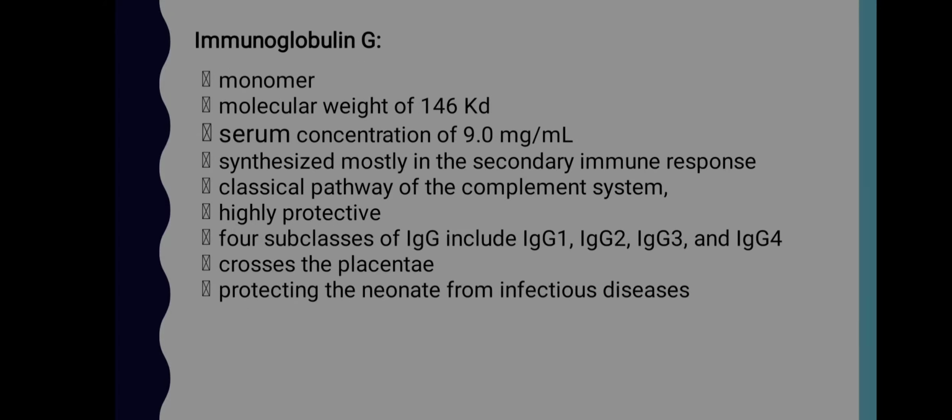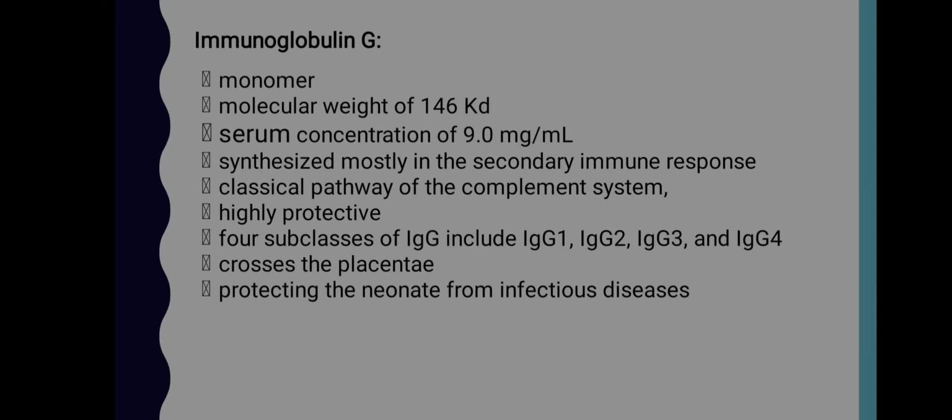Firstly, we discuss immunoglobulin G. IgG is monomeric. It consists of one unit. Molecular weight is 146 kilodalton. Serum concentration is 9.0 mg per ml.